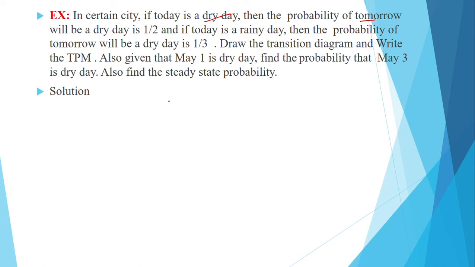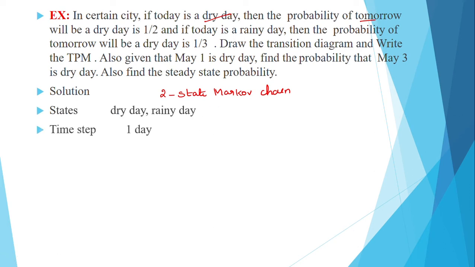So we can say the described process is a Markov chain, especially a two-state Markov chain. What are the states of the process? It's clear the states are nothing but dry day and rainy day, and the time step of the process is 1 day.